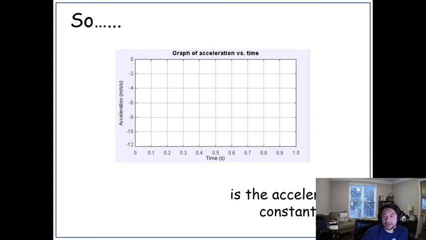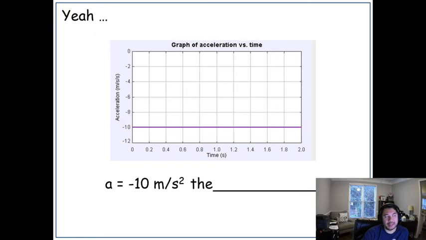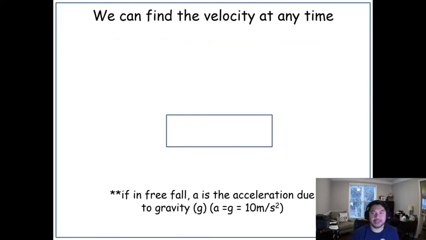So let's create an acceleration time graph. That's new. For an acceleration time graph, we're simply going to graph the acceleration. And the acceleration the whole time is negative 10 meters per second squared, the entire time, which means we can use our kinematics formulas.